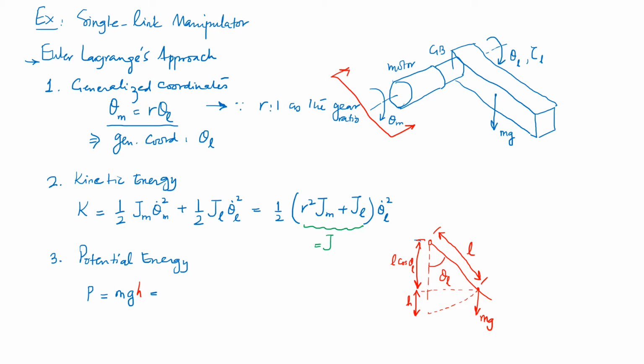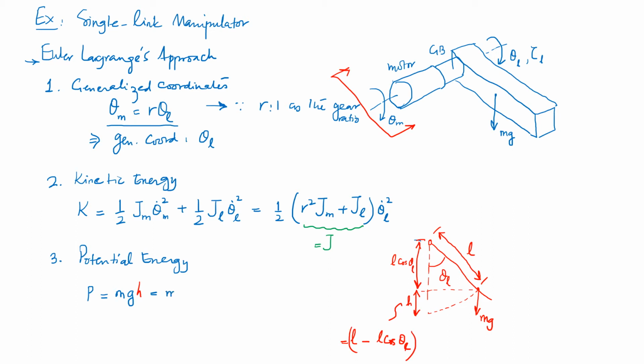And for that reason, the height is going to be quite simply the total length minus L cos of theta L. So I'm going to write that one down over here.